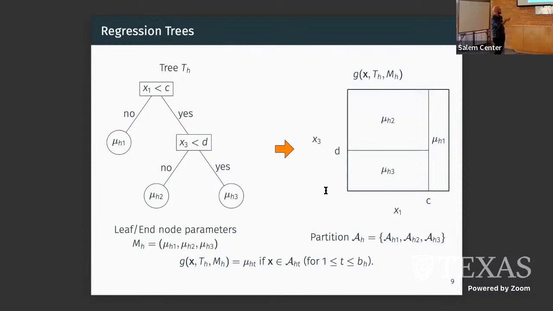The other thing we've done is actually replace these single values in the end nodes with functions. So you can think about having a variable like time down here in the end nodes, so that you want a function that's smooth in time, but still have this tree structure and the other covariates. That's a different model we've worked on.